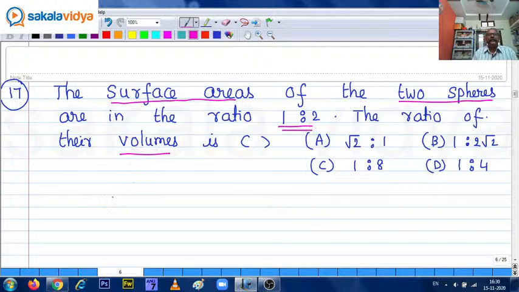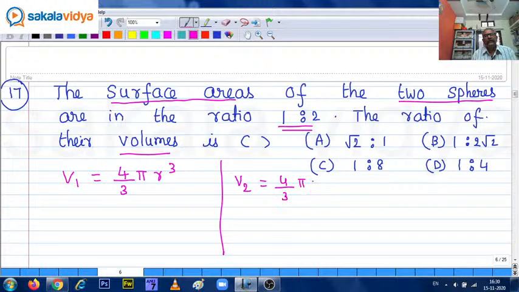Here, two spheres related formula. First say V1 is equal to 4 by 3 pi r cube, write down. This is first. Here V2 equals 4 by 3 pi capital R cube. Now what is given actually here? Surface areas S1 by S2.